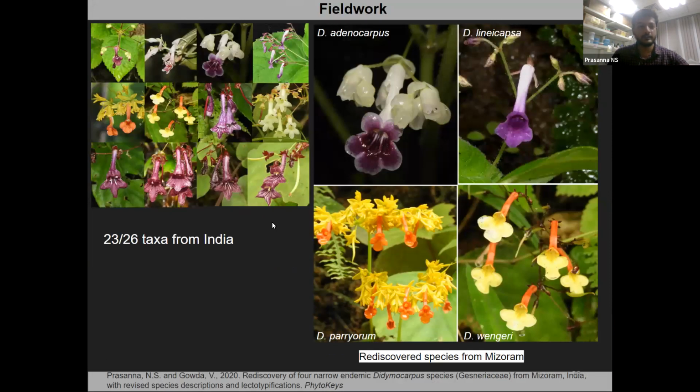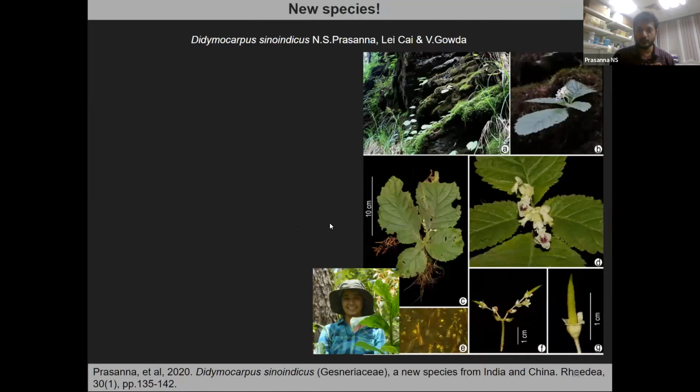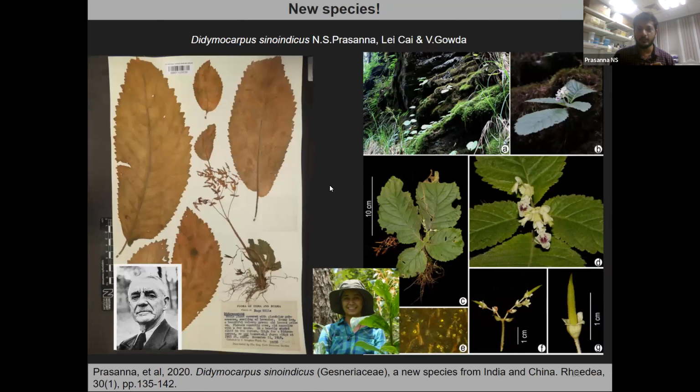This also included some interesting collections. For example, these 4 species had not been collected for the past 90 years, and fresh collections allowed us to re-describe them. In addition to that, we were also able to describe some undescribed taxa.